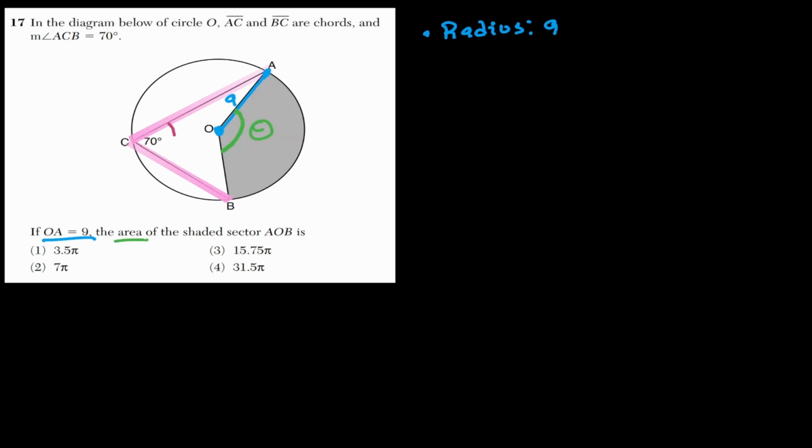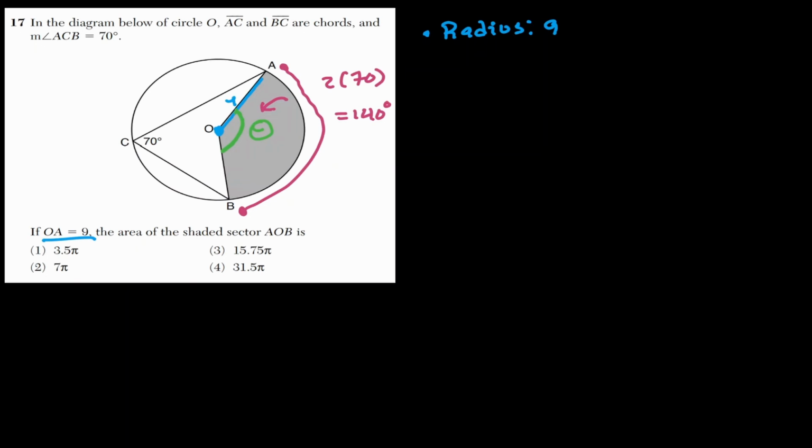Notice that this angle is an inscribed angle. And by relationship, the arc that is opposite to it is double the measurement. So the arc of A to B will be 2 times 70, which is 140 degrees.